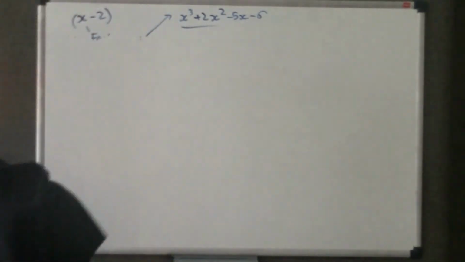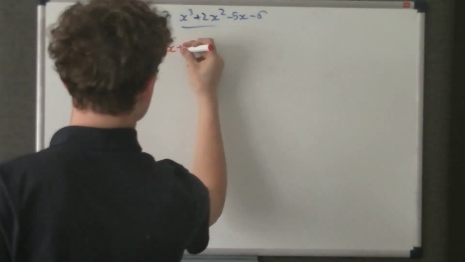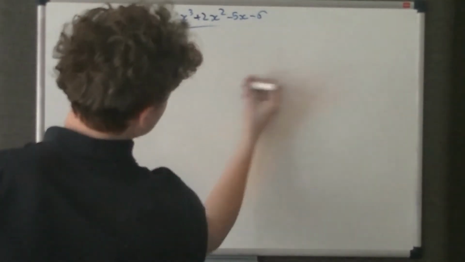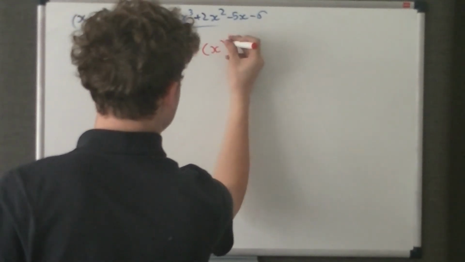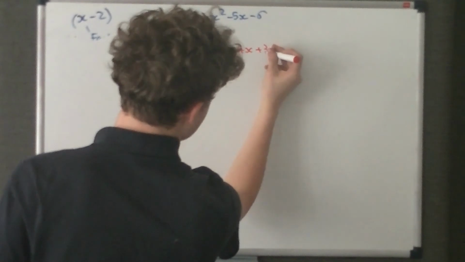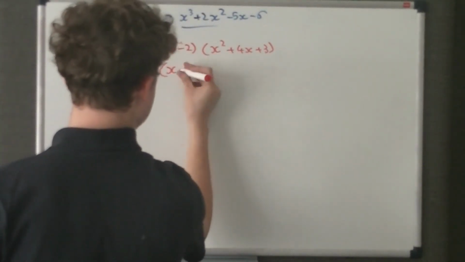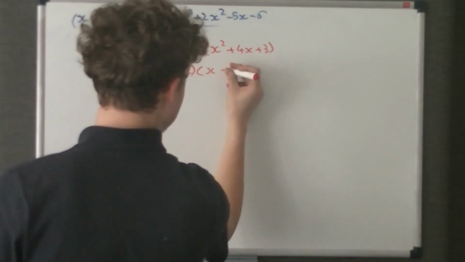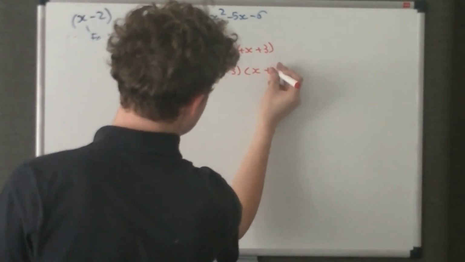Right, so we know when we factorised it, it came to x take 2, and x squared plus 4x plus 3. Simplify that down, because all we're doing here is finding the x-intercepts. x take 2, x plus 3, and obviously it's positive, so we could just do x plus 1.